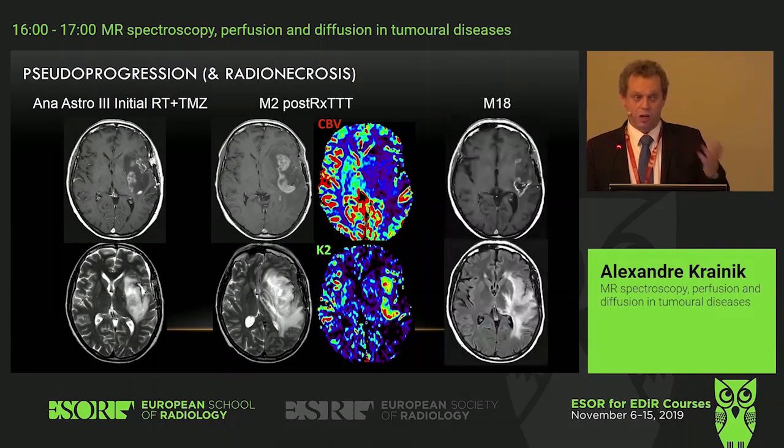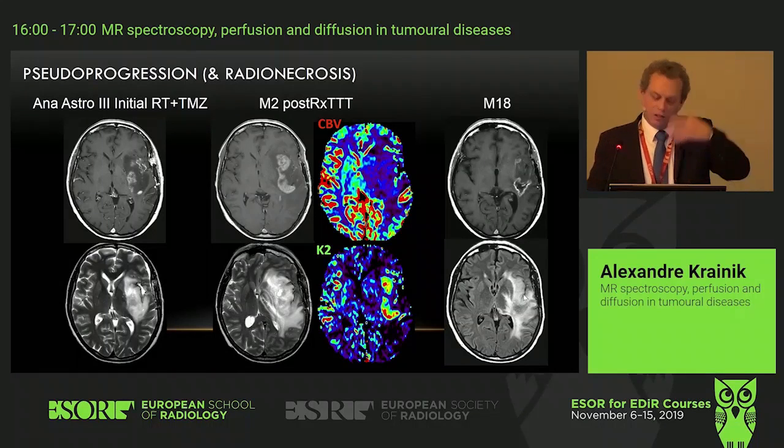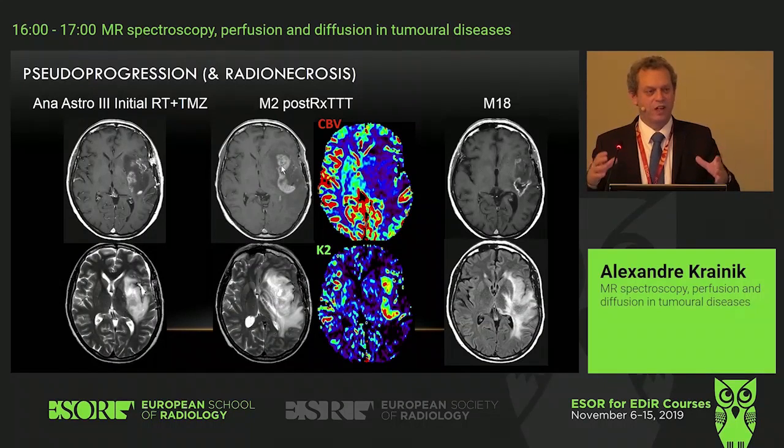And that's why perfusion imaging is interesting. And you see 18 months later, then all this pseudoprogression and reaction to radiotherapy disappeared. You'll still have some sequela, and the tumor keeps having a story, but this acute phase and inflammatory reaction to the treatment is now over.